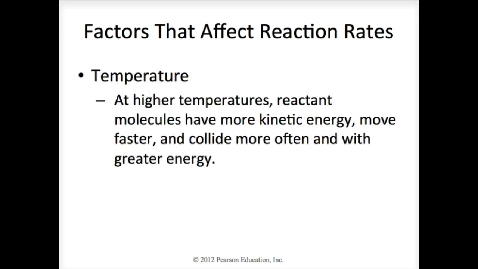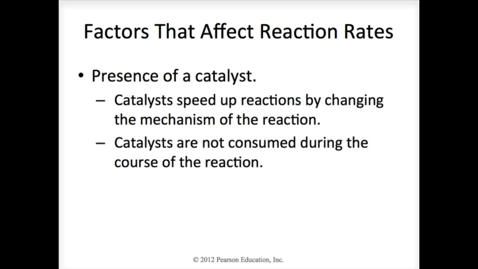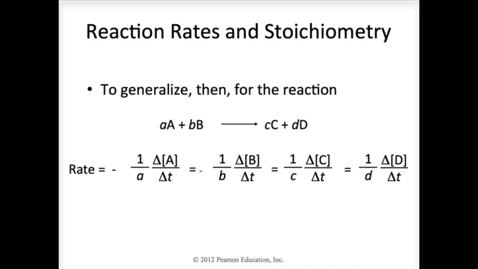Temperature: we saw from the PhET simulation that as you increase the overall temperature of the reaction area, I have more collisions with enough energy, and I can affect the reaction rate. And lastly, the presence of a catalyst can affect the reaction rate. All of this is about affecting the rate of a reaction by determining the time.